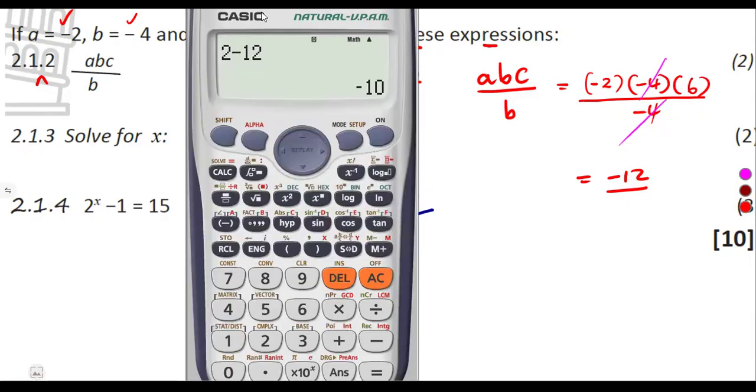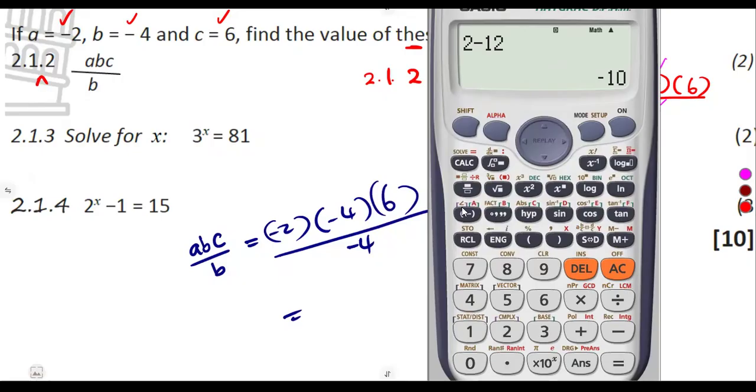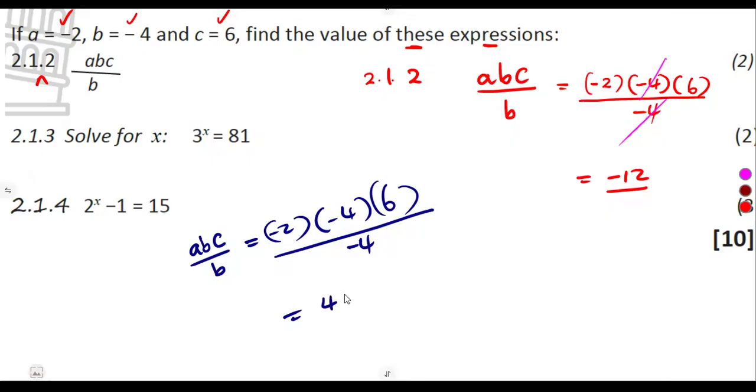So if we take the numbers from the numerator, that is negative 2 times negative 4 times 6. This was going to give us a positive 48. So we've got 48 over minus 4, which we can simplify further.